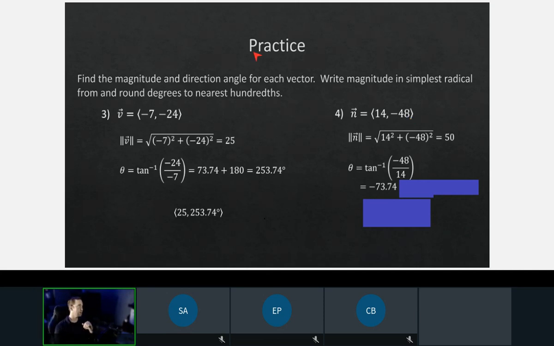For number 3, this is in quadrant 3, so your angle better be between 180 and 270. And it is. For this one, we're in quadrant 4, so we should be between 270 and 360. Those are the cutoffs before you enter a different quadrant.